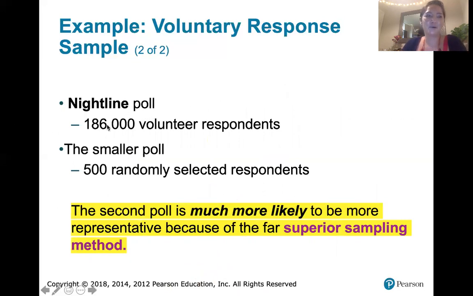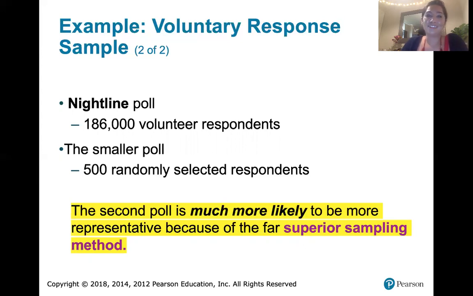In the Nightline poll, we had 186,000 volunteer respondents. In the smaller poll, there were 500 randomly selected respondents. Even though you would tend to think that having more respondents is better, we really need to consider how those respondents were chosen from that larger population.